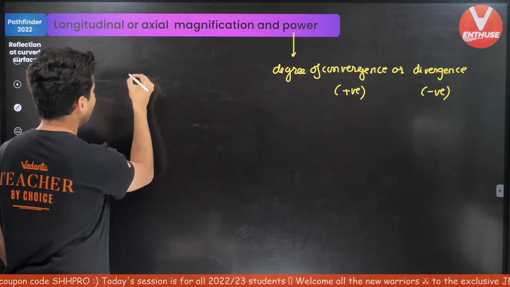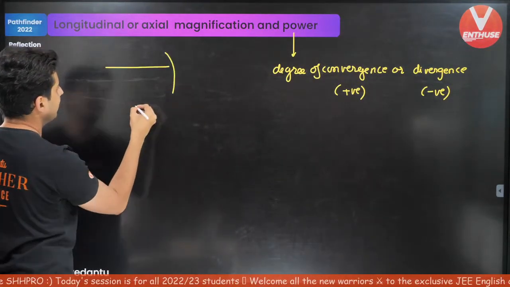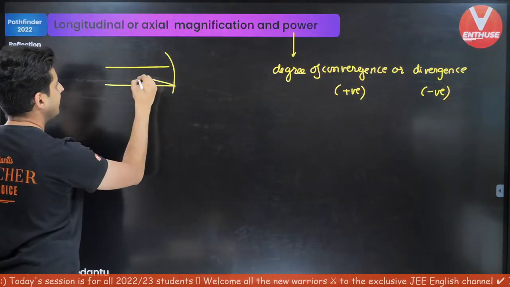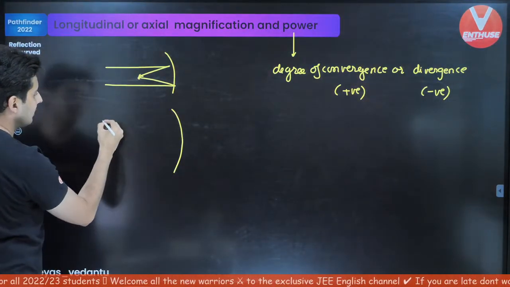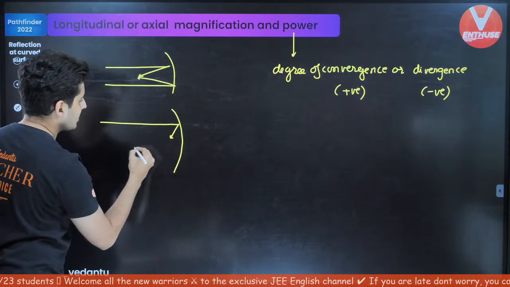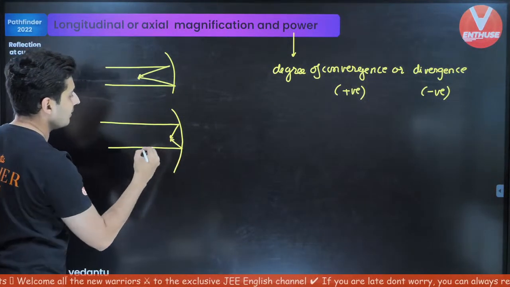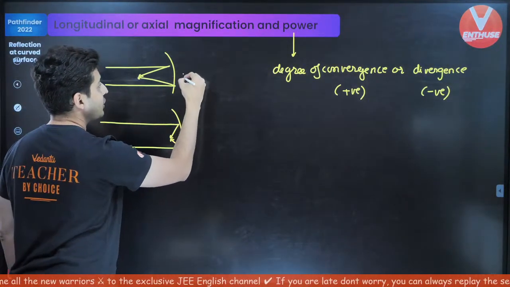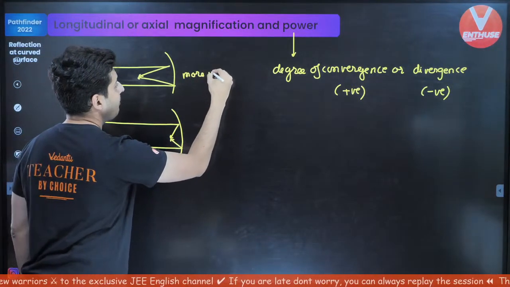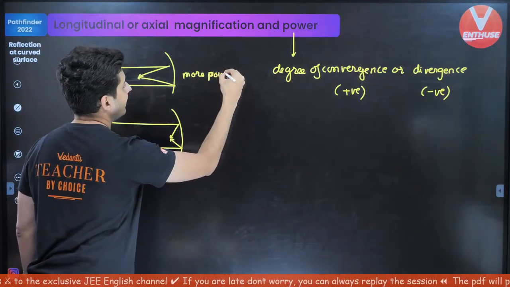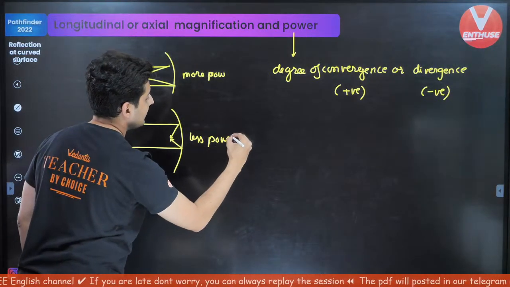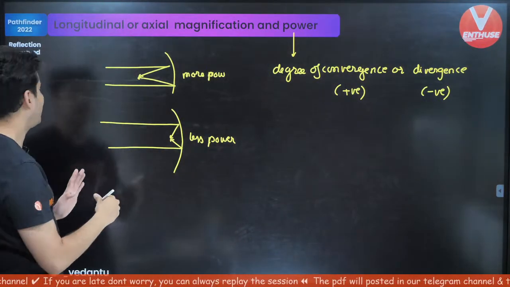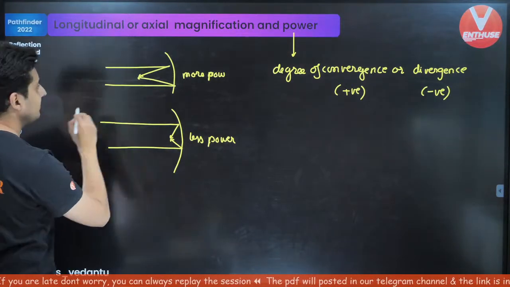Meaning, imagine there is a mirror like this and the rays are converging here. There is another mirror, and the rays converge directly over here. This has more power, and this has less power. Oh, sorry, I did it exactly opposite, my bad.